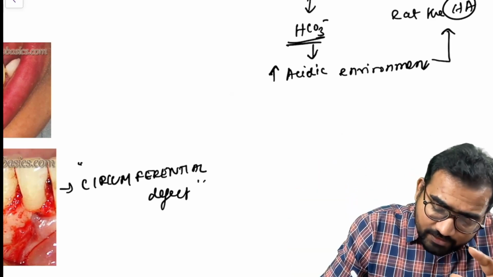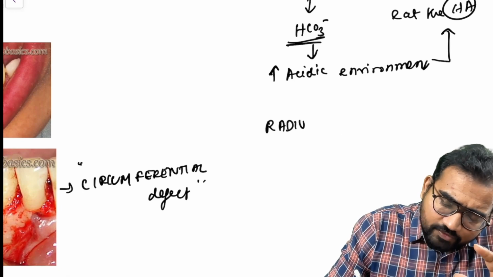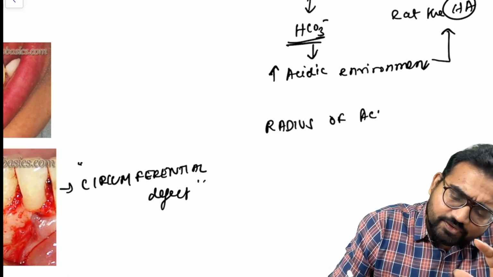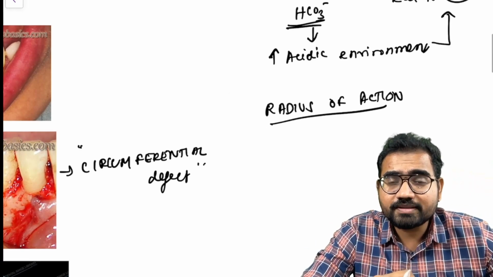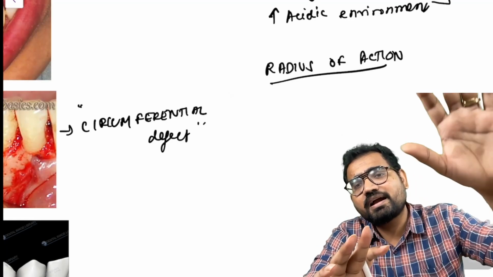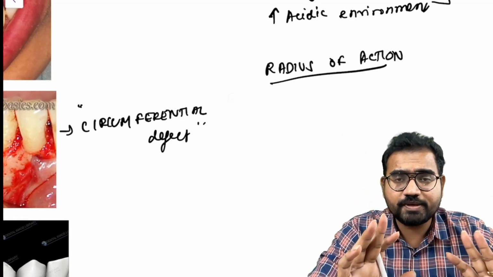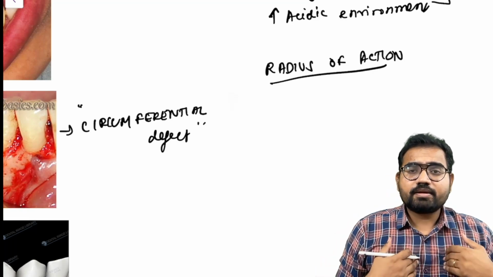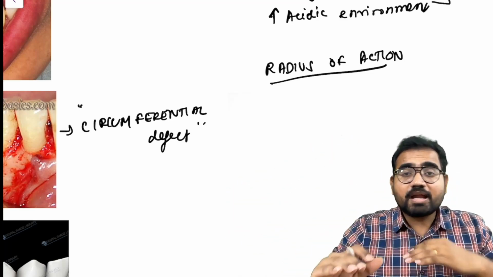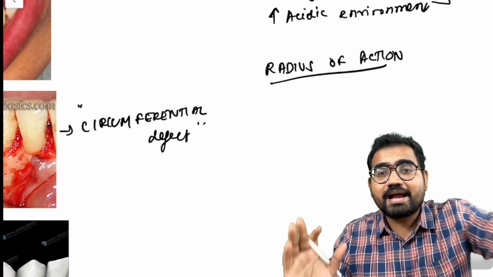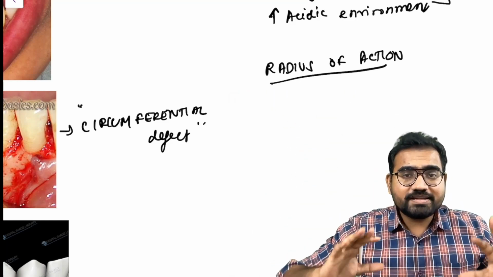Every bacteria will have a certain radius of action. What do you mean by radius of action? Radius of action is the upper limit until which the bacteria can attack. I'm standing here, I can stretch my hand to a maximum level, but above that, if some person is standing, I cannot beat them. So that is a maximum limit.